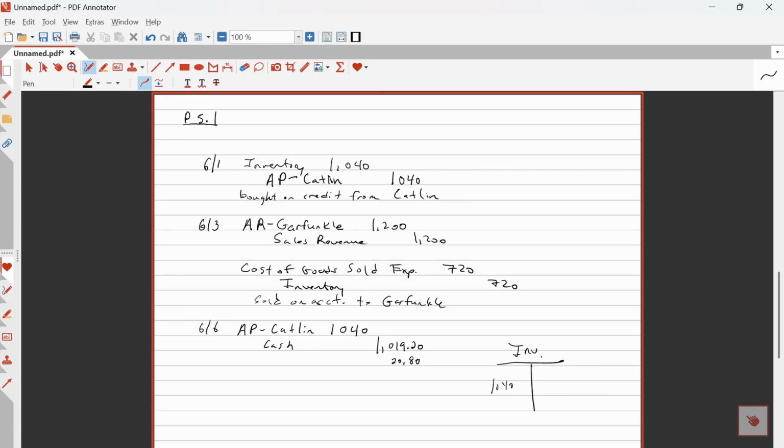And after paying for that inventory, how much have we actually paid for the physical inventory that's sitting on our shelves? 1,019.20. But the accounting T account says there's $1,040 of inventory, but we only paid 1,019.20. That's why we have to credit the inventory T account for 20.80 so that the balance in the account equals exactly what we've paid. After doing that, the balance will equal 1,019.20, which is exactly what we ended up paying. So that is why you credit inventory for the discount.